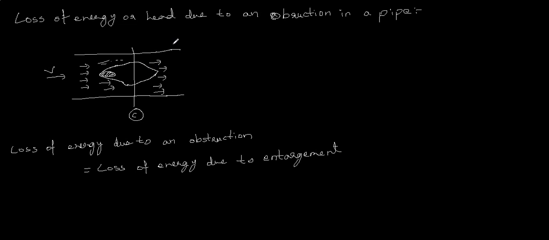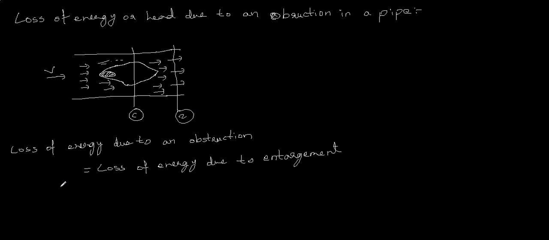Assume here it is section 2. Whatever the loss of energy is taking place at an obstacle, the same loss of energy takes place from the vena contracta to section 2, which is again the diameter of the pipe.